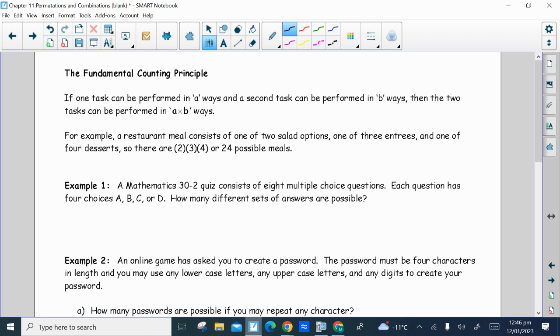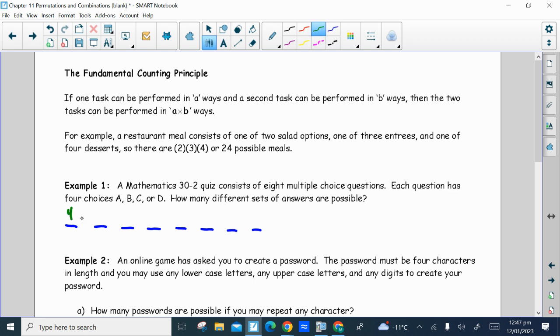A Math 30-2 quiz consists of 8 multiple choice questions. Each question has 4 choices. How many different sets of answers are possible? So as we go through these, we're going to see many times we're going to put down spaces. I'm going to put down 8 spaces here because there are 8 questions on this test. And every question has 4 possible answers to choose from.